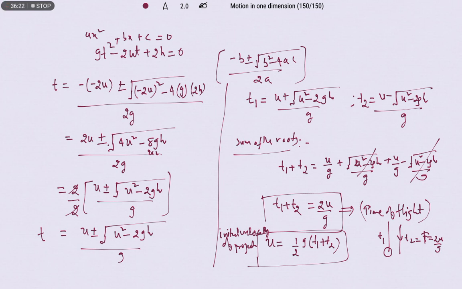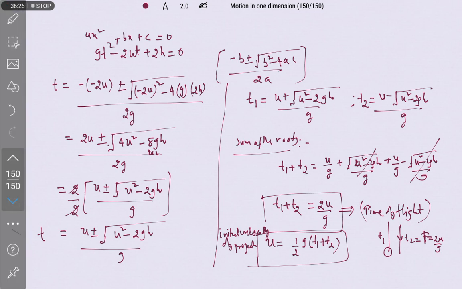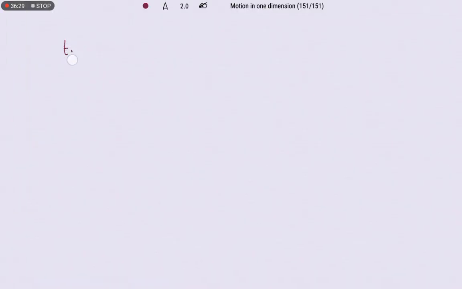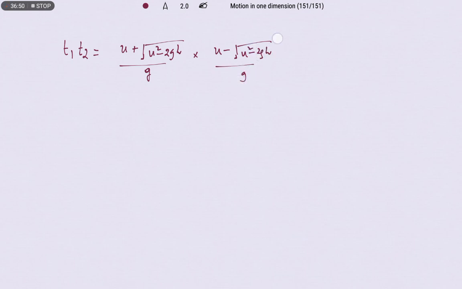Now let us multiply the roots. So when we are multiplying the roots, t1 into t2. What is t1? u plus under root of u square minus 2gh by g, into u minus under root of u square minus 2gh by g. So we can write this as 1 by g square.